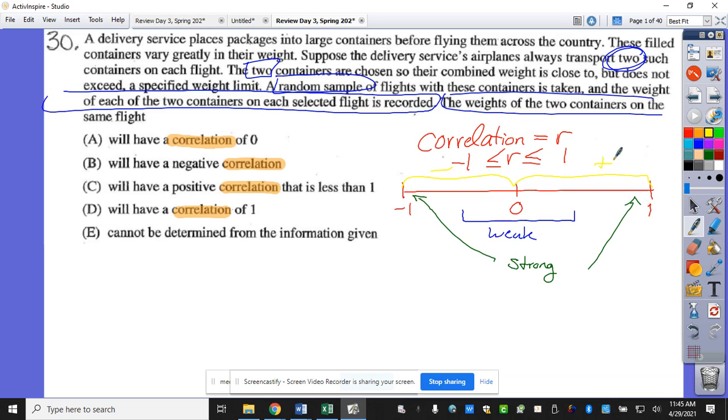So is this question asking us about strength or direction? Direction. So let's think about what direction actually means. So let's say we have a positive R. Positive R would be as one thing increases what?